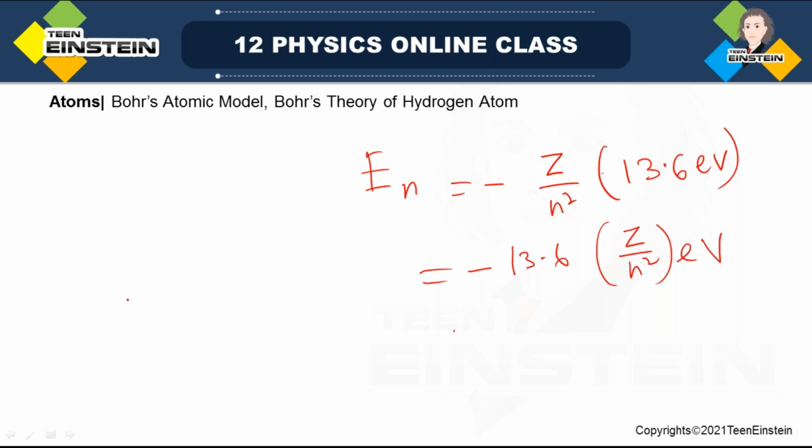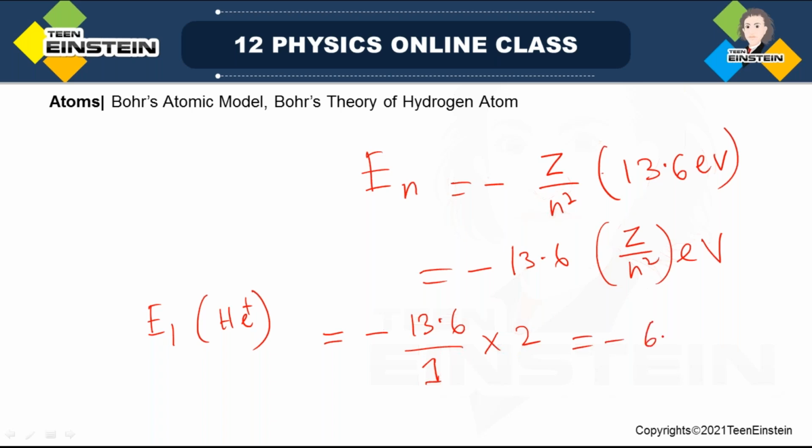So suppose the energy of ground state of singly ionized helium ion. What will be the energy? It will be minus 13.6 over 1, n is equal to 1, into Z square, Z is 2 actually.